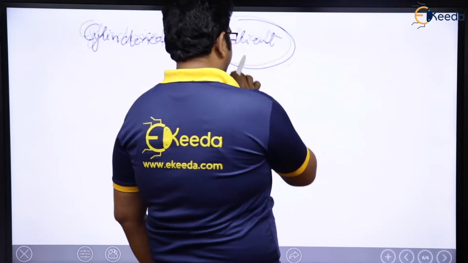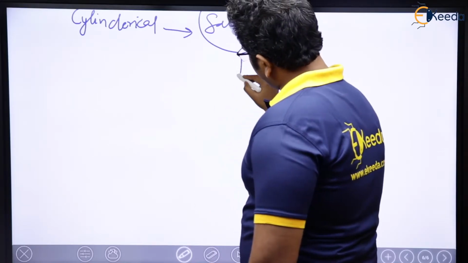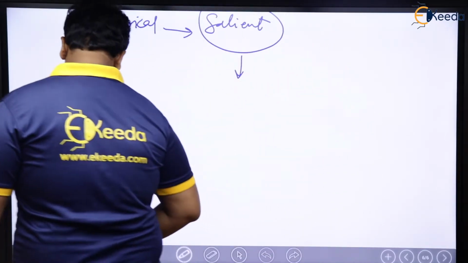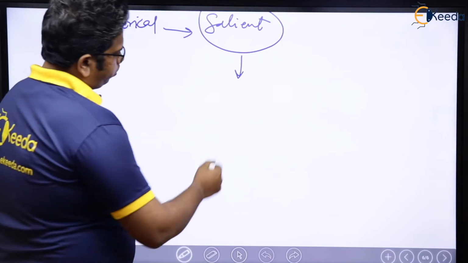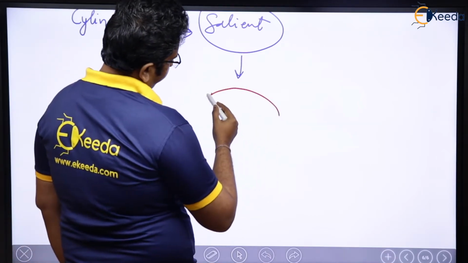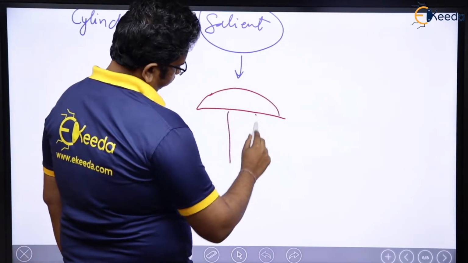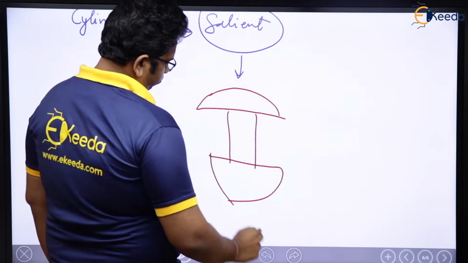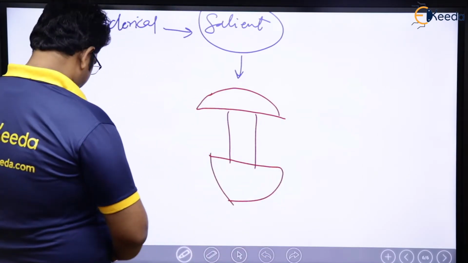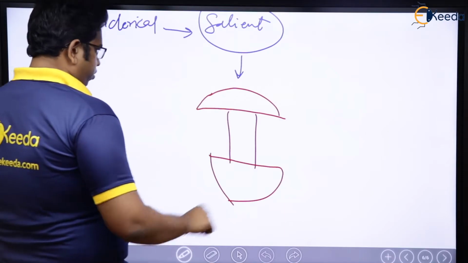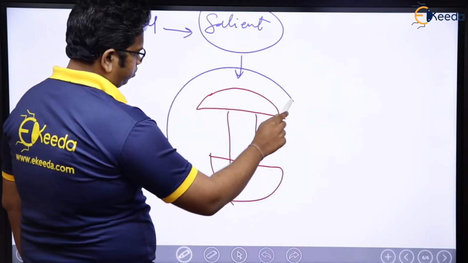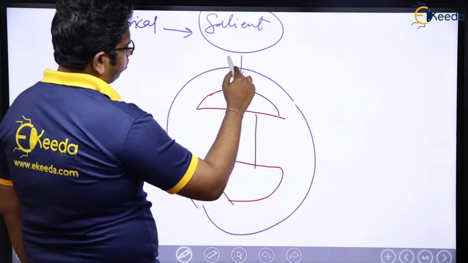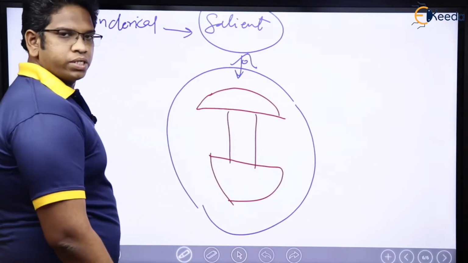Firstly, in case of salient, what is going to happen? You are going to have a rotor like this, and on top of this you are going to have the stator.